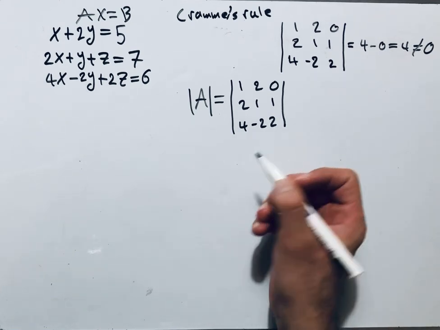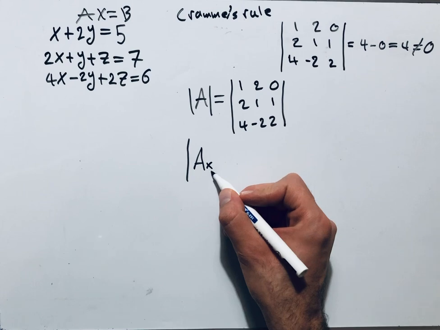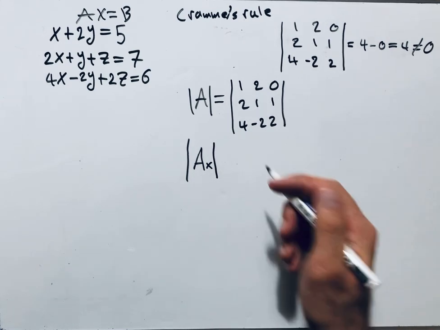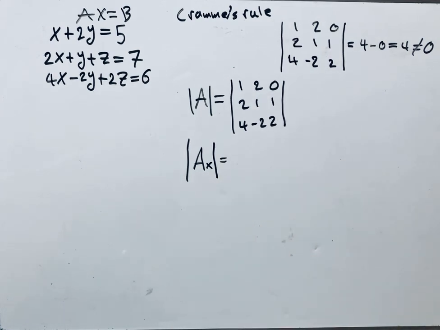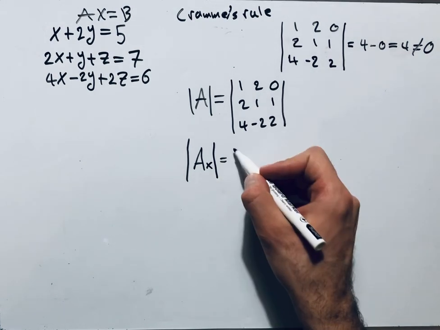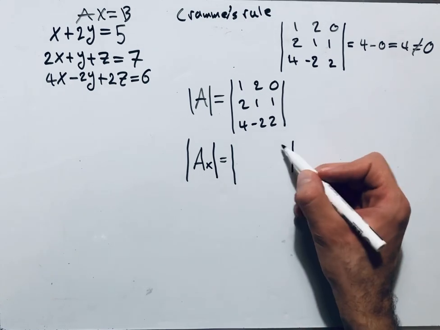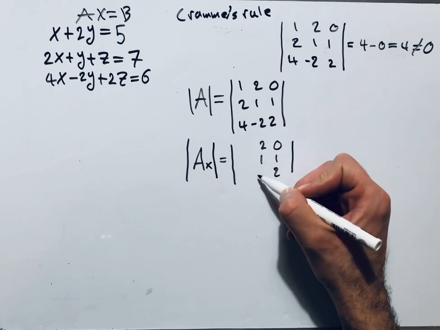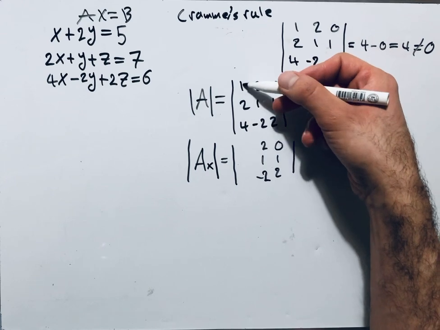We can call them A sub x. This is just a name. It's not differentiation, it's just an index. So A sub x, what would that be? This original matrix, you write it down the same way, except for the column that is responsible for x.